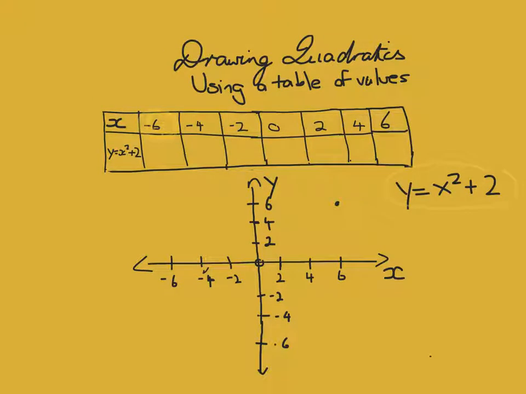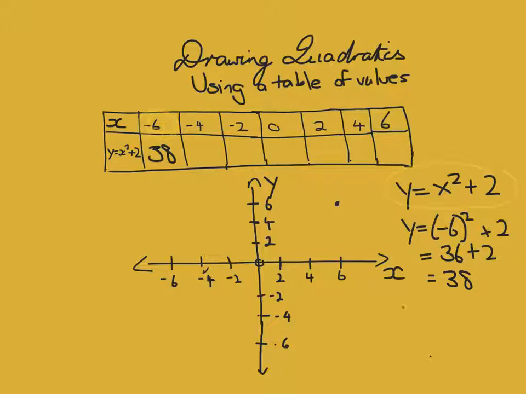So y is going to equal (-6) squared plus 2. Now you'll notice that I put the -6 in brackets. That's because the whole thing is squared. It's not just that the 6 is squared, the whole thing is squared, the negative is also squared. If you put that on your calculator, you'll get 36 plus 2, which is 38. Okay, so we know that the y value there is 38.